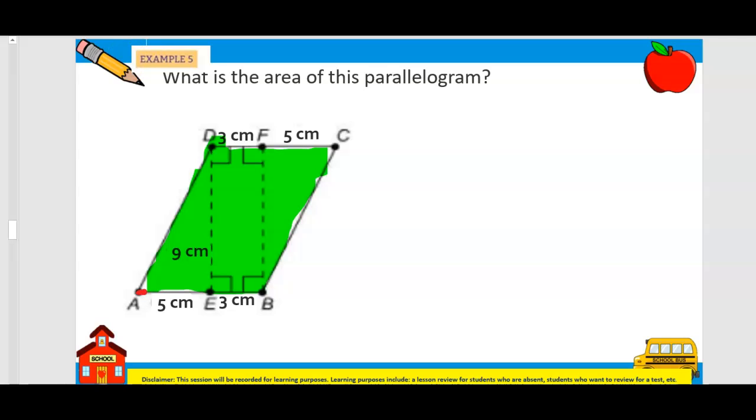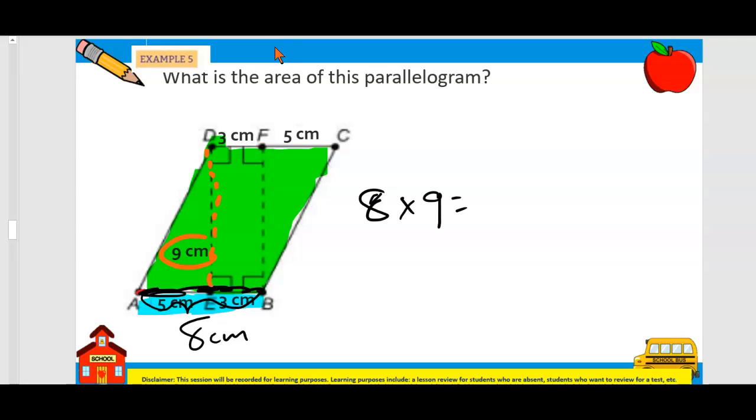Go blue. 5 and 3. So the base total is 8. From here to here is 8 centimeters. And then what's the height? Right here, 9 centimeters. 8 times 9! My favorite factors put together, 8 and 9, because it equals 72. The year I was born, 1972.